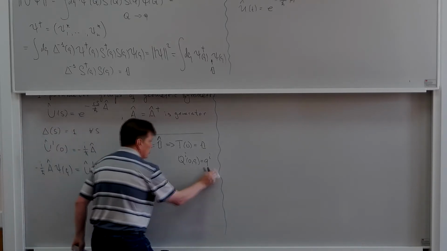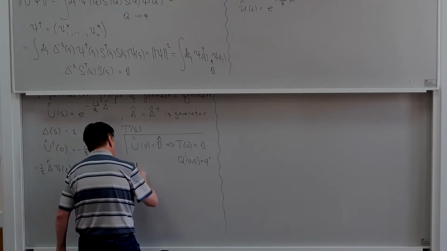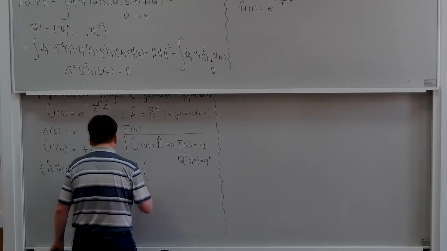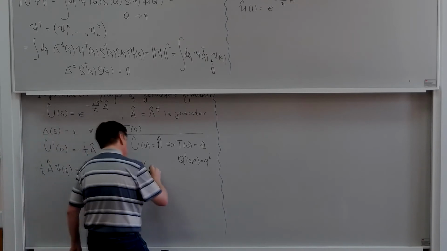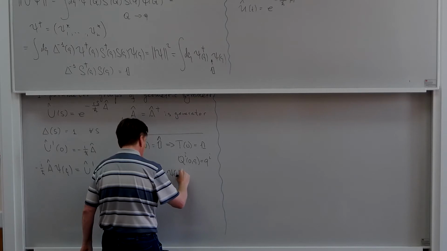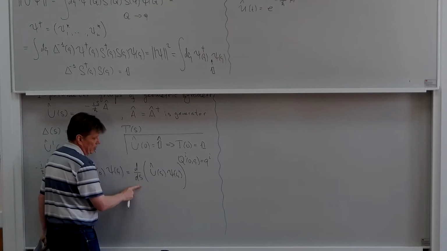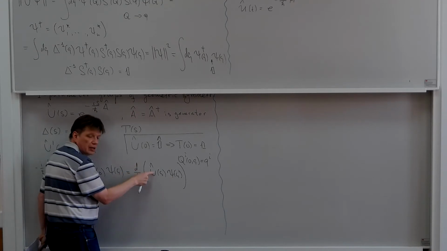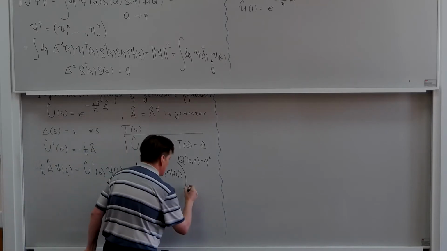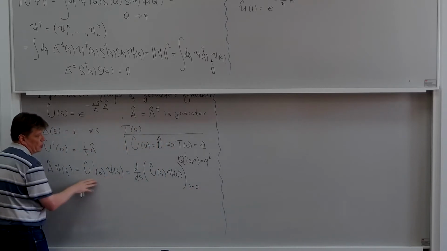And now I can write this derivative as d ds of U of s psi of q, because psi doesn't depend on s, so this derivative hits the unitary operator U, and when evaluated at s equals 0, we get this expression.